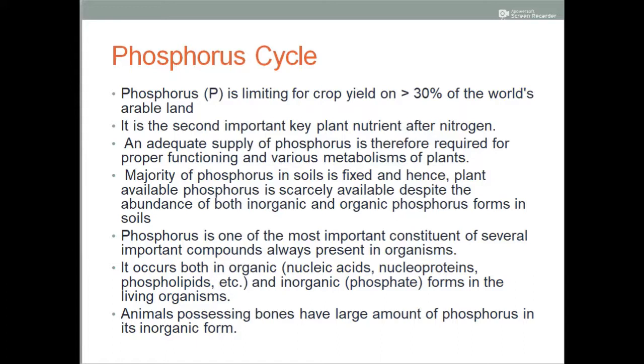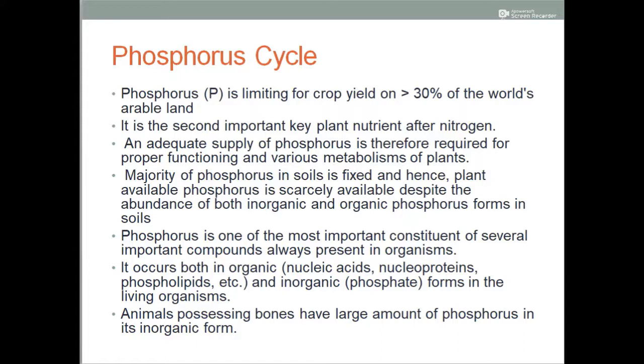Other than the plants, we can also see that all the living forms, be it plants or animals, contain various phosphorus residues, either in organic forms like nucleic acids, nucleoproteins, phospholipids, polysaccharides. Even the energy currency of the cell contains phosphorus. And we also have various inorganic phosphates in living organisms.